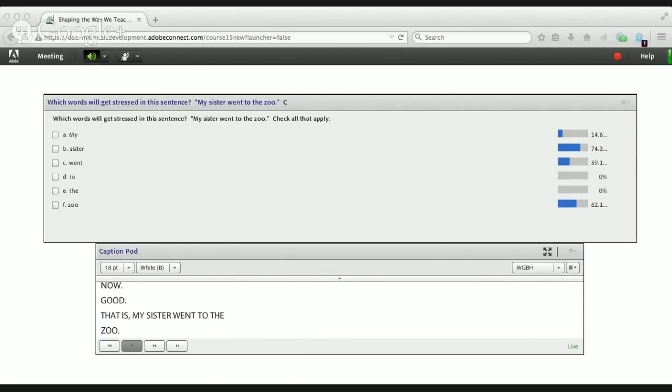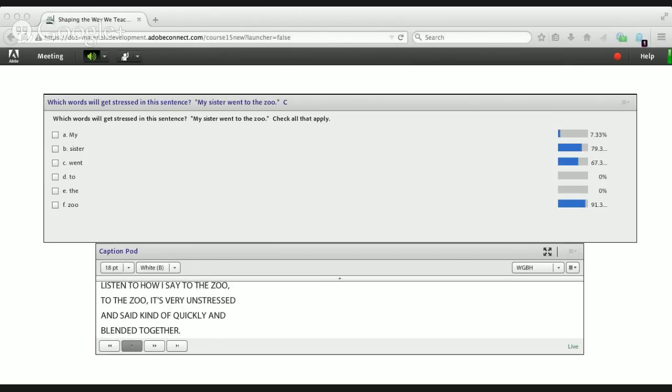What do you hear being stressed when I read that sentence? Right, we're going to hear sister, went, zoo. Those are the parts of the sentence that carry the most information, right? Listen to how I say to the zoo. It's very unstressed and said kind of quickly and blended together. So yeah, sister went zoo.